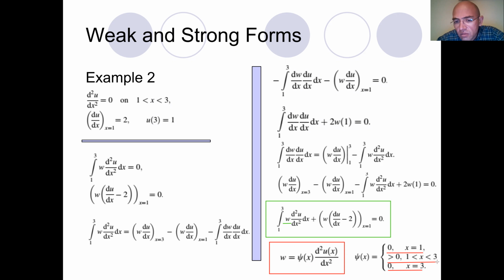Since w is arbitrary, I can choose such a function as soon as the function itself is positive. And then I substitute this expression into this equation here and here. So I can do that.